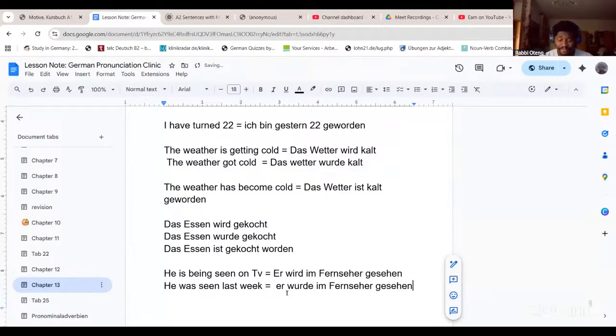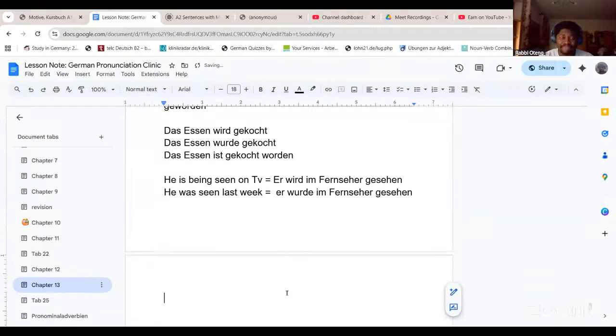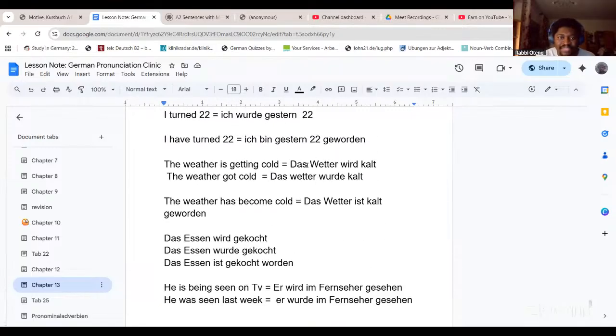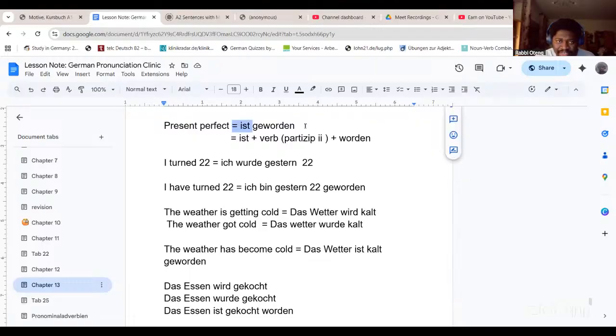Are you following? Then using the present perfect to be what? "Er ist letzte Woche im Fernseher gesehen worden." So when there's another verb, then we use what, "ist worden." But when there's no other verb, and mostly when it's about just a change of state as an adjective, something changing to something, then we use what, "ist geworden."